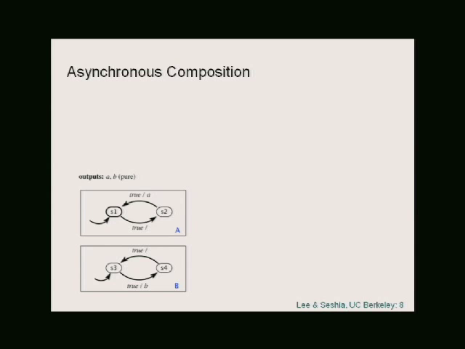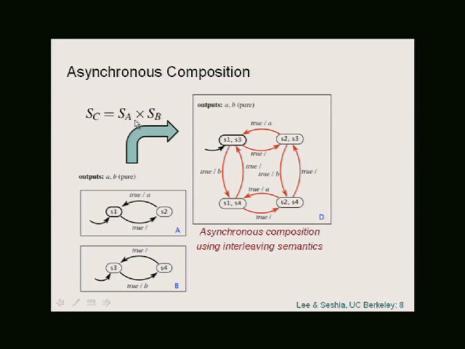Now, in the composition, we do the same thing as we did before. The set of states of the combined system is, again, the Cartesian product, and so we have 4 states here. But now when we draw edges, we only have to have a transition occur in one of the 2 state machines. So again, you start in S1, S3, because that's the initial state in both cases.